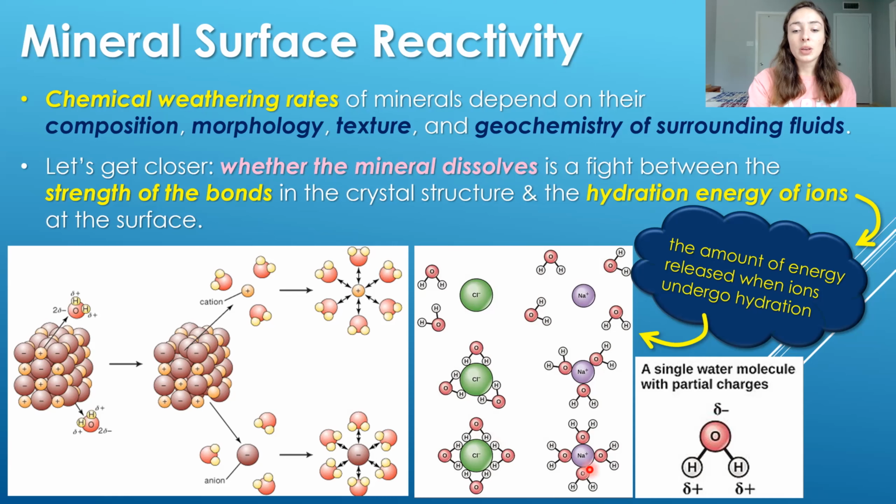So things like sodium chloride, salt, dissolve in water for exactly this reason. The hydration energy of these ions is greater than the strength of the bonds within the mineral that are holding them together. If things were the other way around, for example, if you had a mineral where the strength of the bonds was much stronger than the hydration energy of the ions, then that mineral would be relatively insoluble.